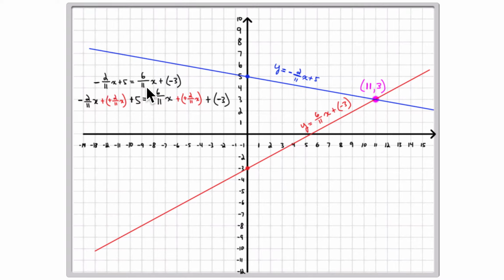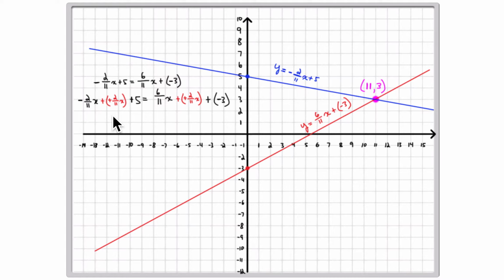I'm going to look at these two values, and I'm going to realize that if I have a -2/11 x, I'm going to get rid of that by adding its additive inverse. And I always work with additive inverses, so I always change all the subtraction to addition, and I always add additive inverses.